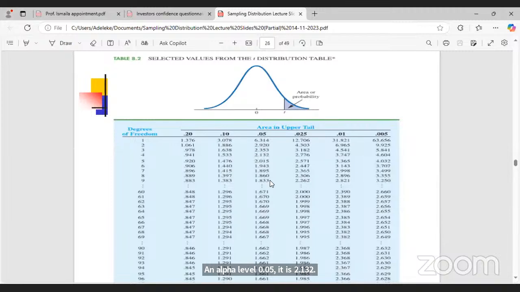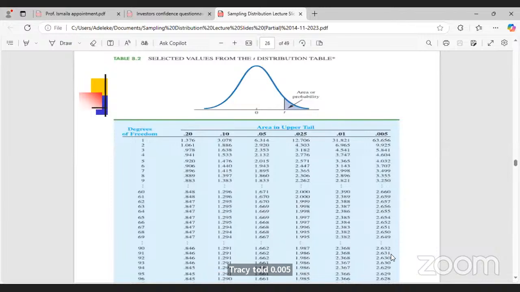Now, what if the degrees of freedom is 91 and our alpha level is 0.005? What will you do? Go to 91 and trace it on 0.005. Look at the value.